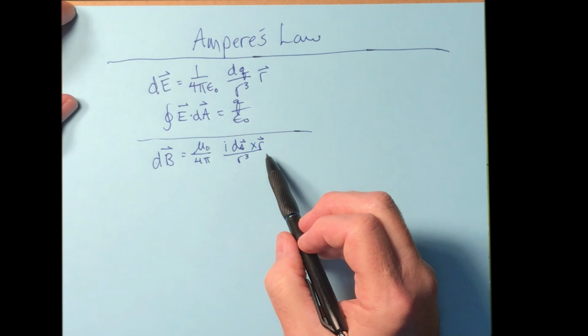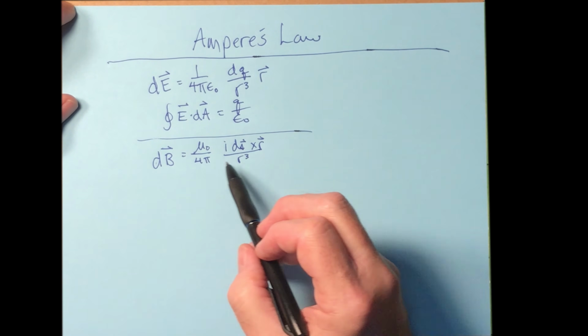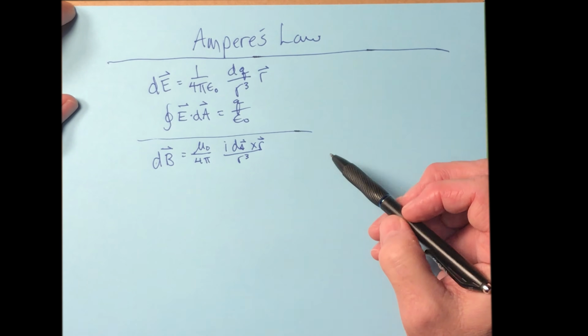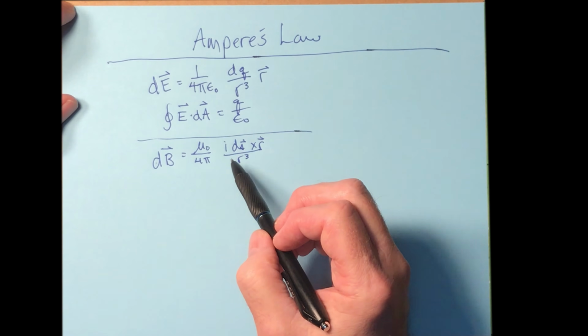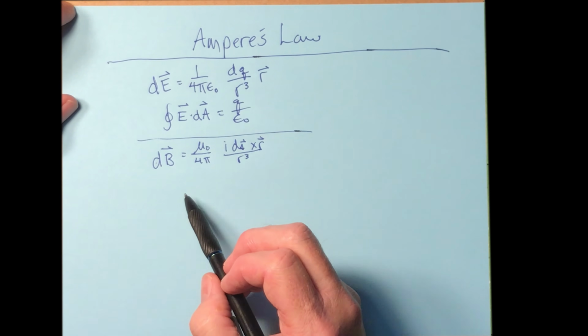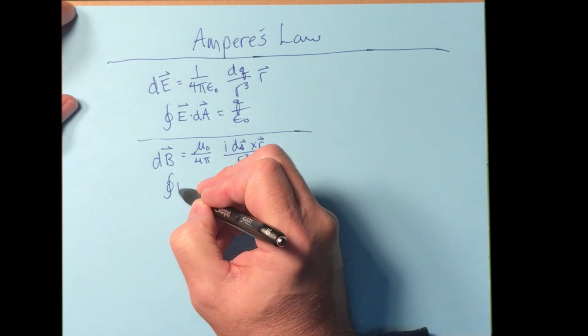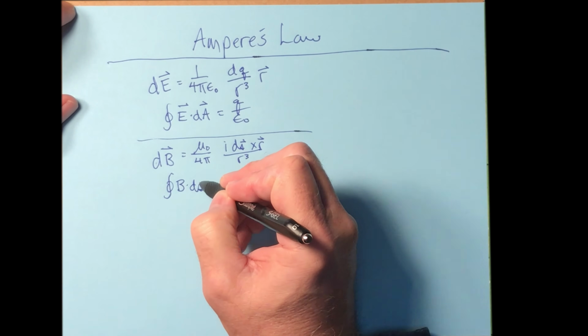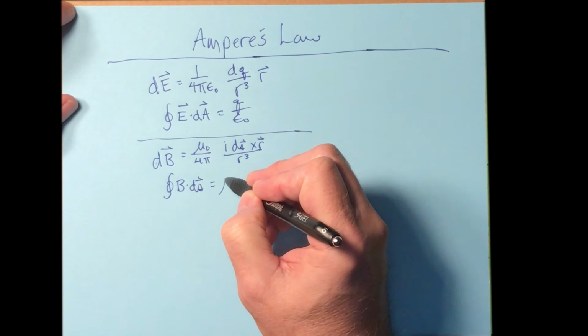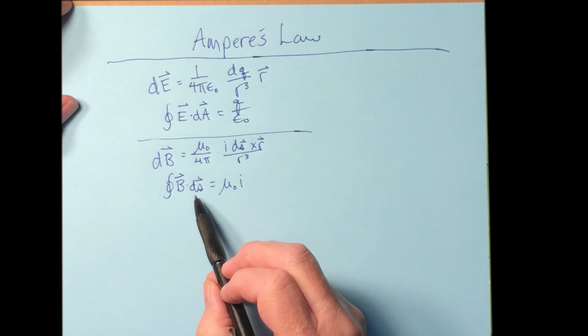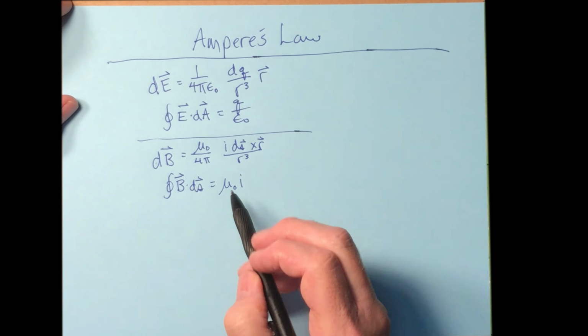So the magnetic field can be found for some type of current distribution by using this right here. But to express it more generally, we'll write it this way. Okay, this is Ampere's law right here.